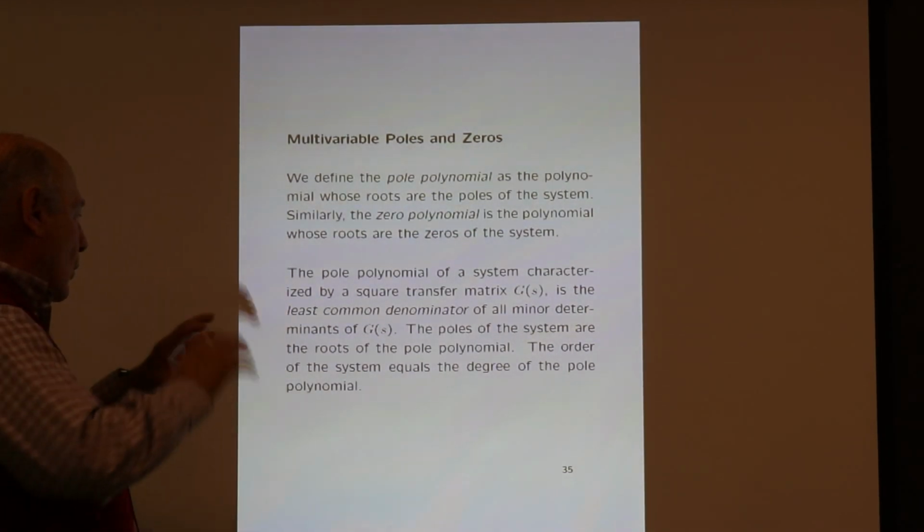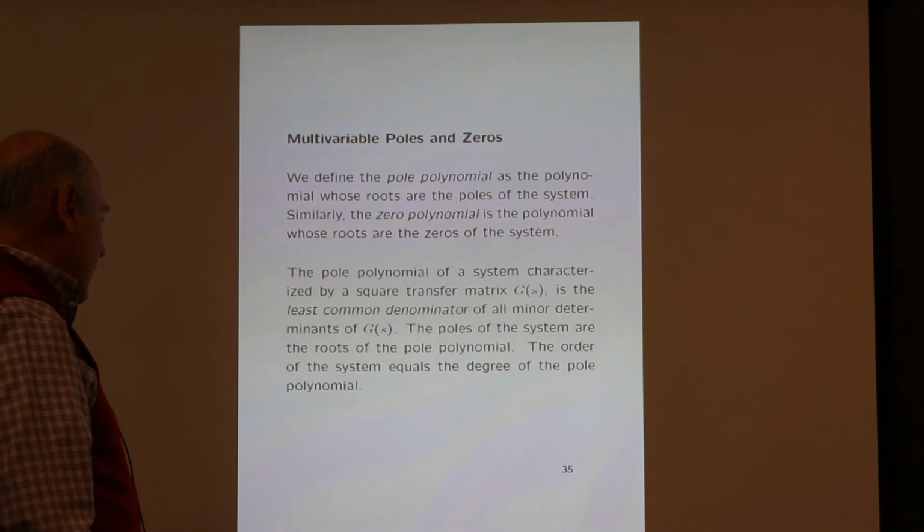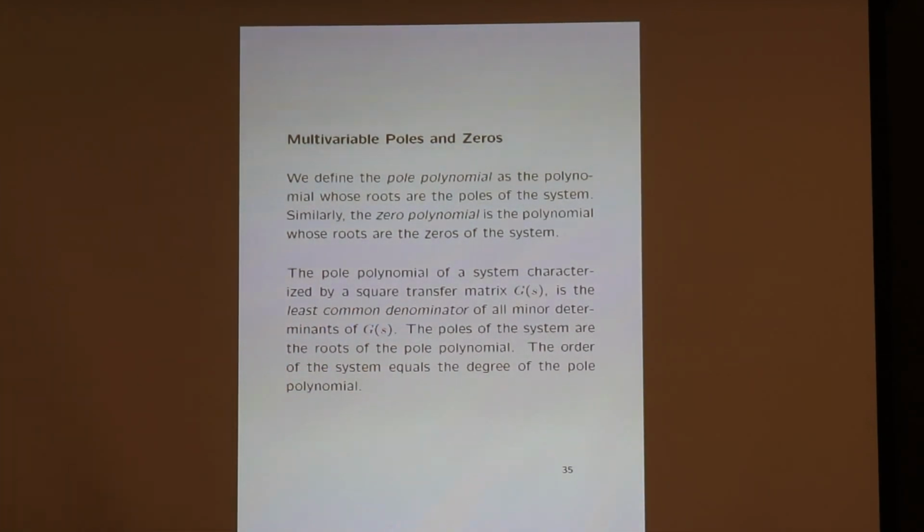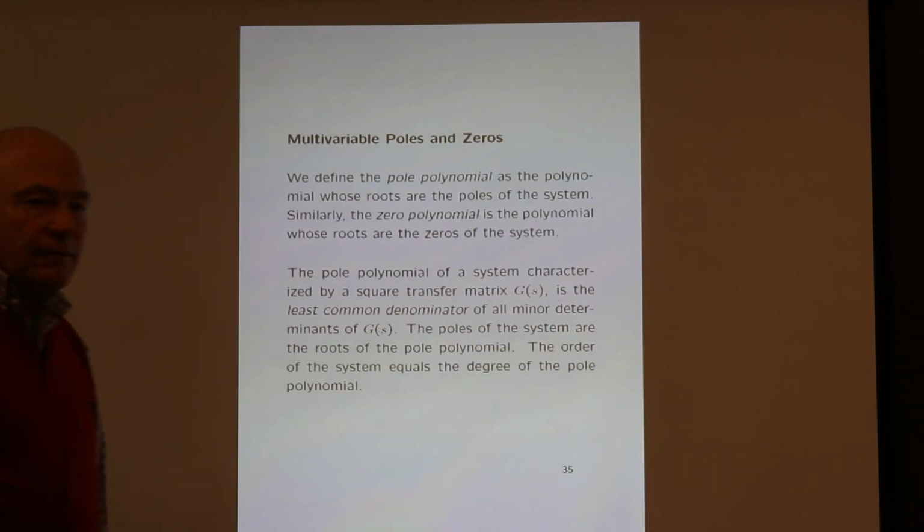So when you have all those minors, you find the least common denominator of all these minor determinants of G. Each one of these determinants will have a numerator and a denominator. It's a product of a bunch of polynomials and rational transfer functions. You have to take the least common denominator of all the minors.